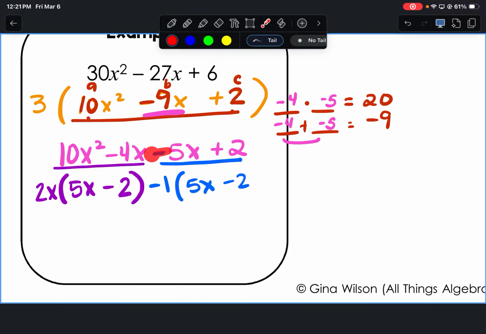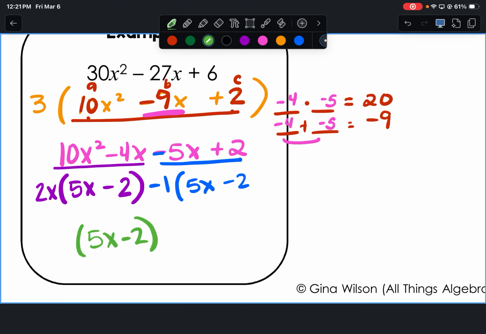If it starts with a negative, you have to take out a negative, which makes your signs change. That's what you always do with the GCF. So all we did is say negative 5x divided by negative 1 is positive 5x. Now what part is the same? 5x minus 2.